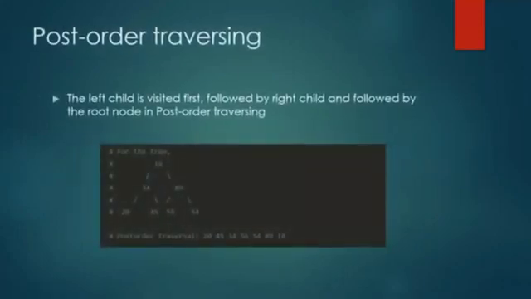In post-order traversal, the left child is visited first, followed by the right child, and then the root node. The post-order traversal gives 20, 45, 34, 56, 54, 8, 9, and 10.